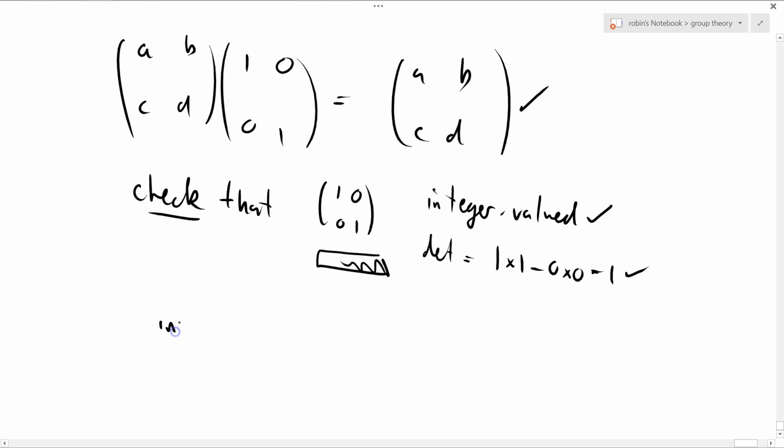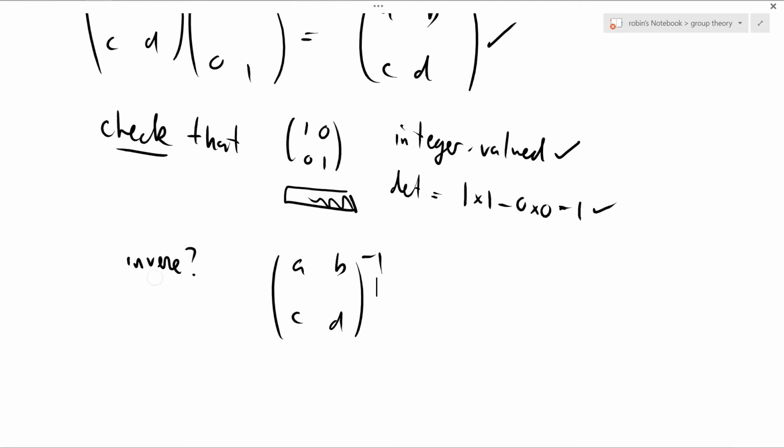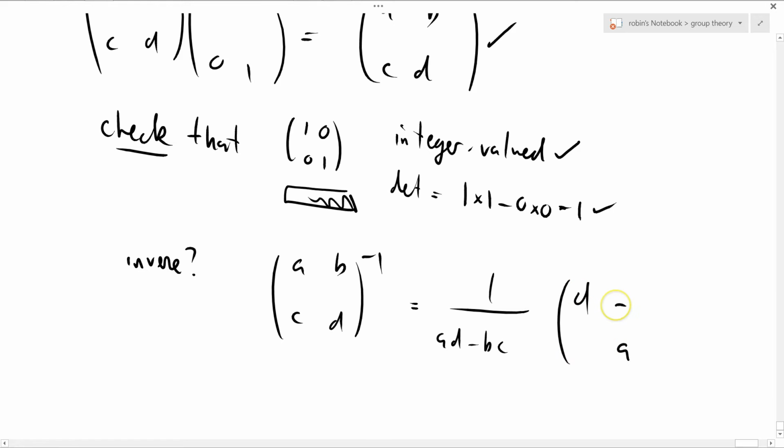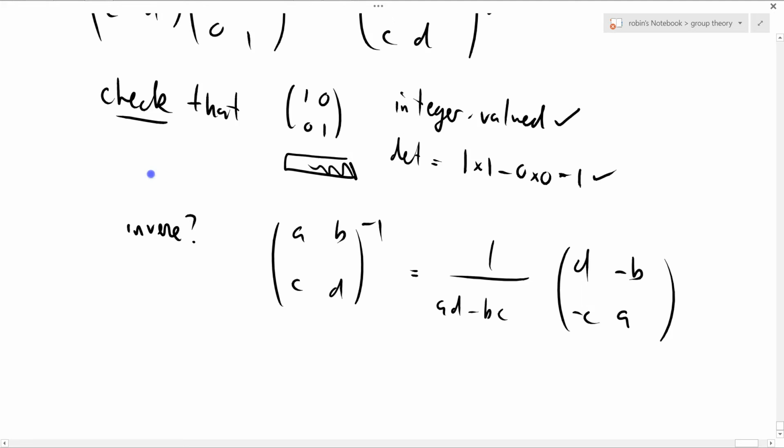What about inverse? Well, you'll remember that in the general case, A, B, C, D to the minus 1, this is just normal matrix inversion, equals 1 over AD minus BC, and then it's D, A minus B minus C, from just elementary matrix theory.